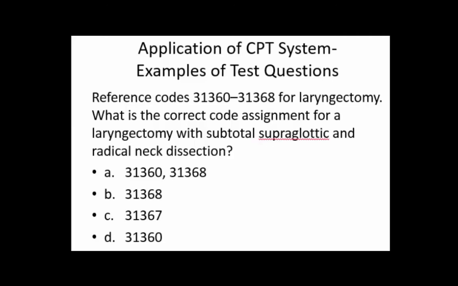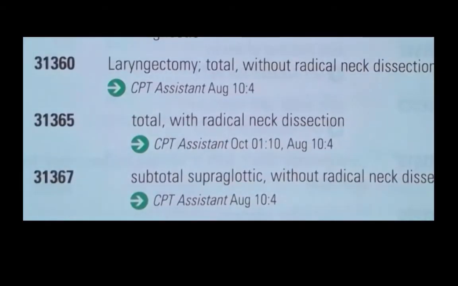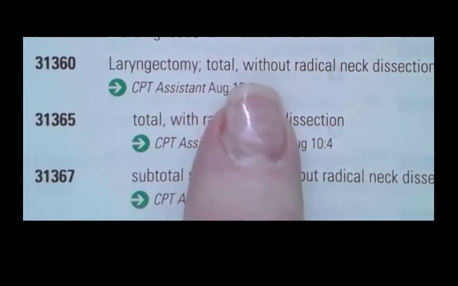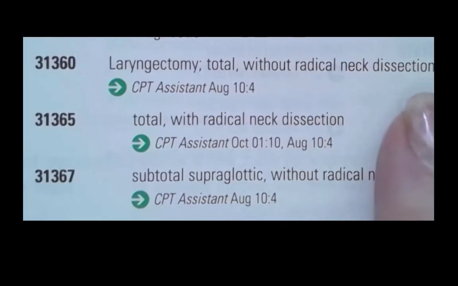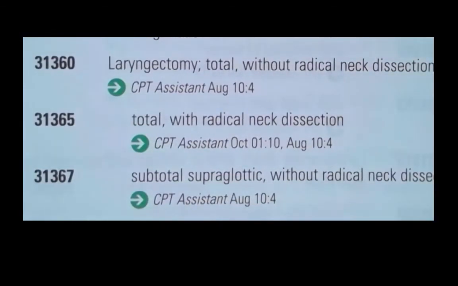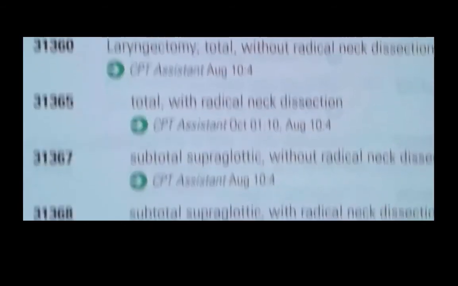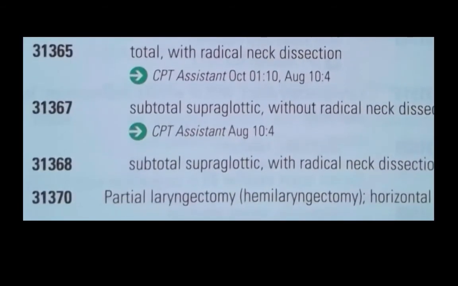So let's start with 31360. And here we are in the code book, and you see 31360, laryngectomy total without radical neck dissection. Then we have a total with radical neck dissection. Then we have 367, a supraglottic without radical neck dissection. 368, subtotal supraglottic with radical neck dissection.